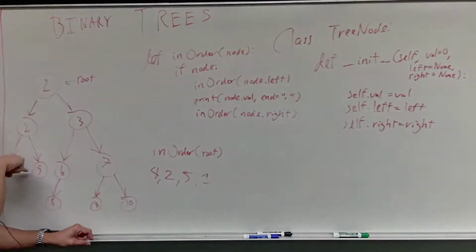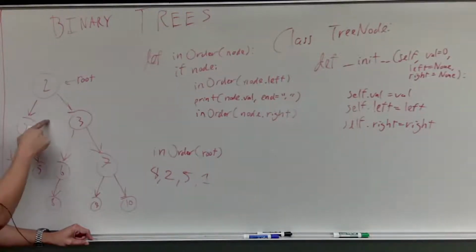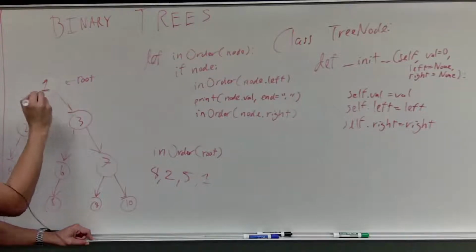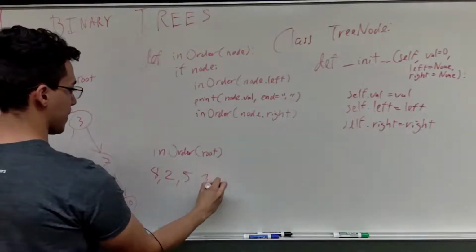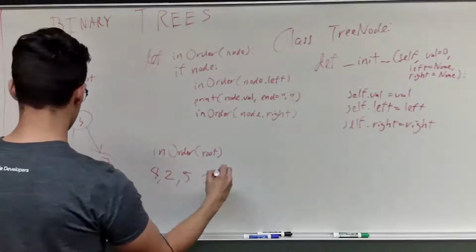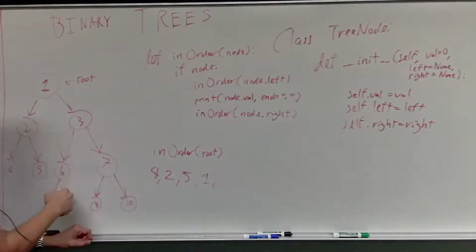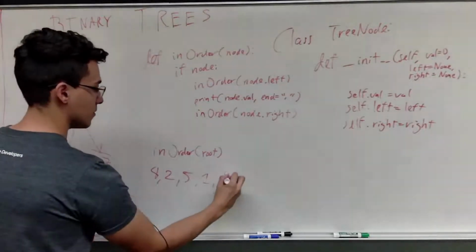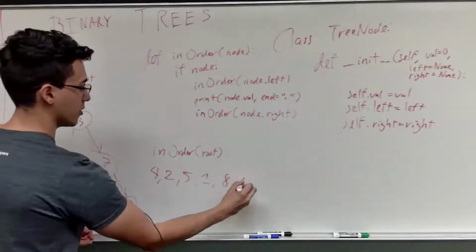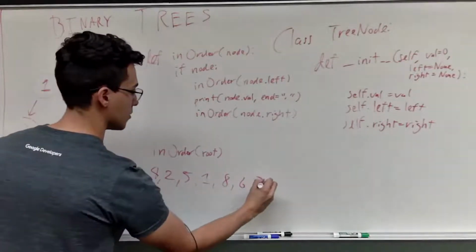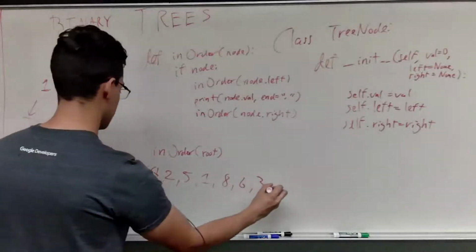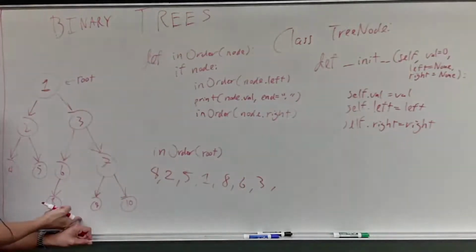Well, 2 is the root of this one. I'm saying the root of the entire tree. Is that a 2? That's a 1. My bad. I erased it. So what is it? 8, right? 6. 9, right?